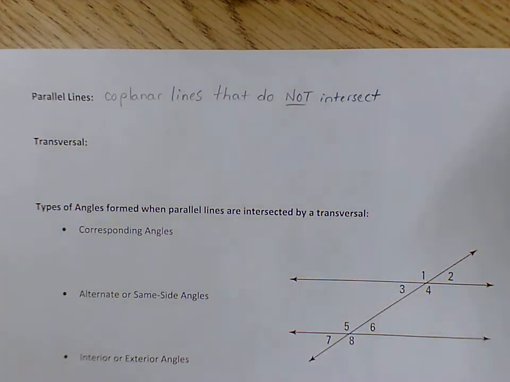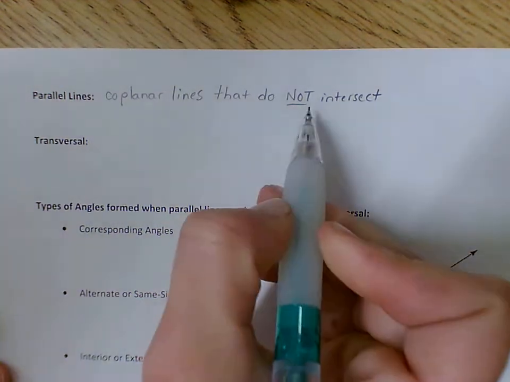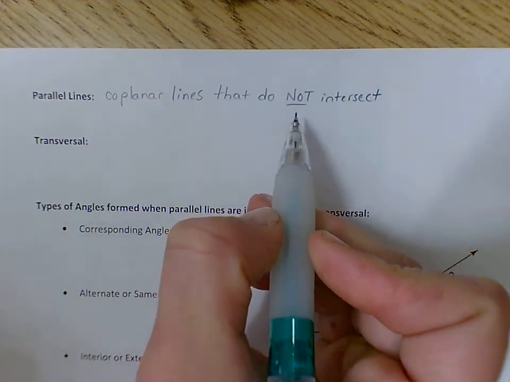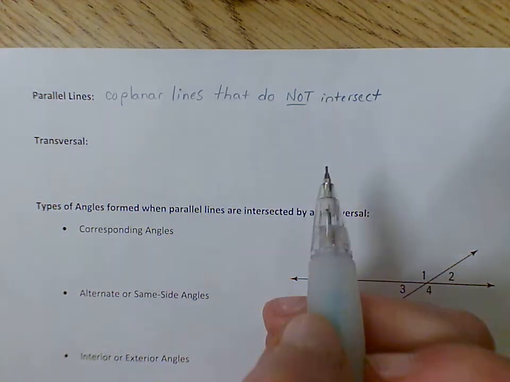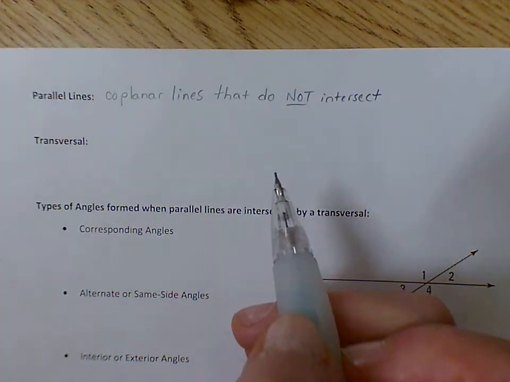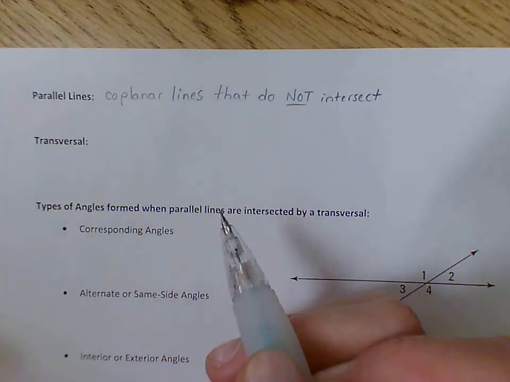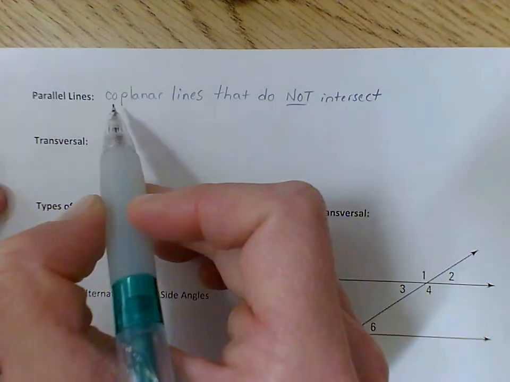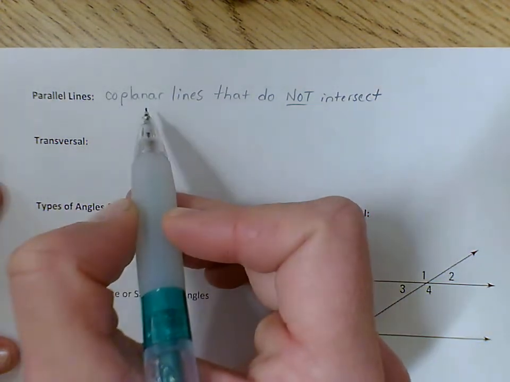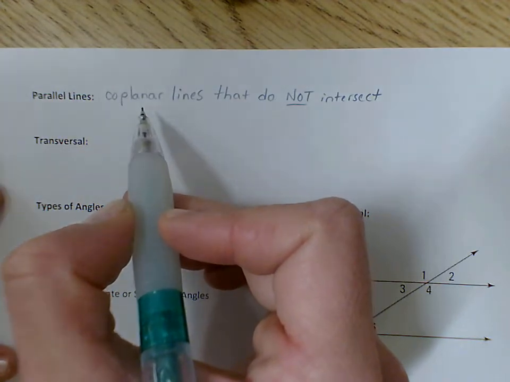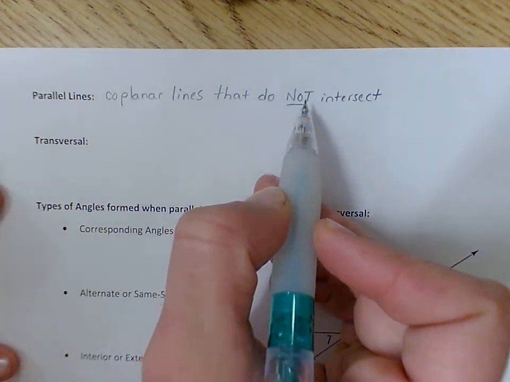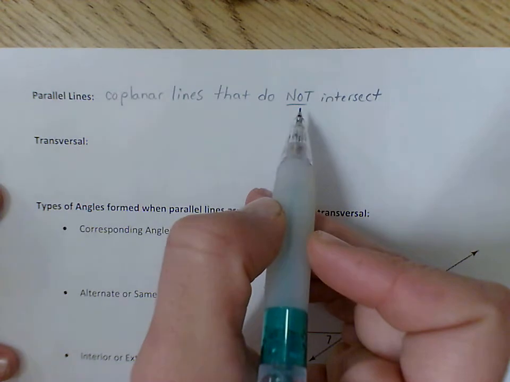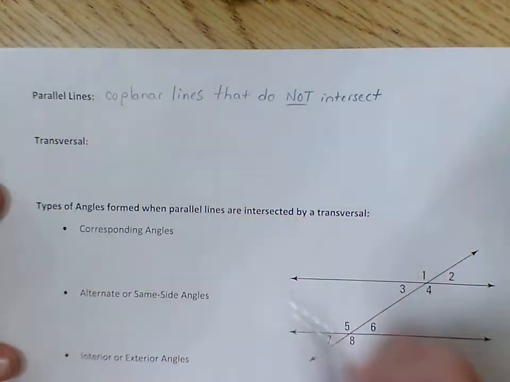So if you draw two lines that do not intersect on a flat surface, like a piece of paper or a marker board, or two lines on a desk, they would be called coplanar because they're on the same flat surface. And if they do not intersect, no matter how far you extend them, then you could call them parallel.